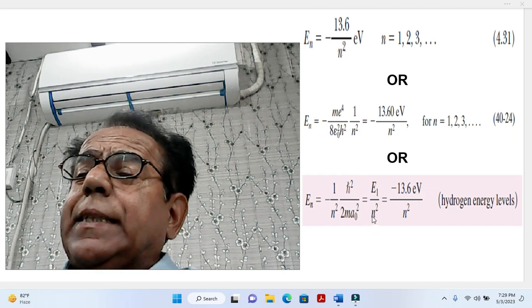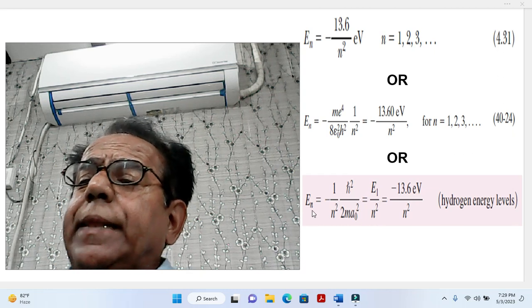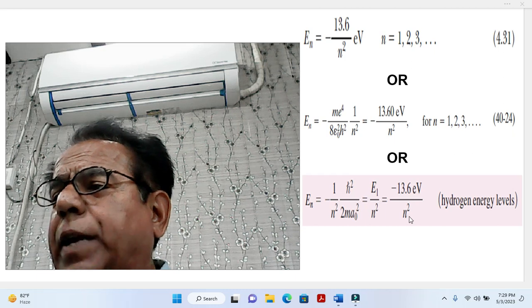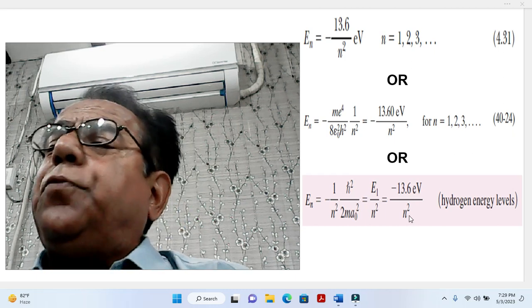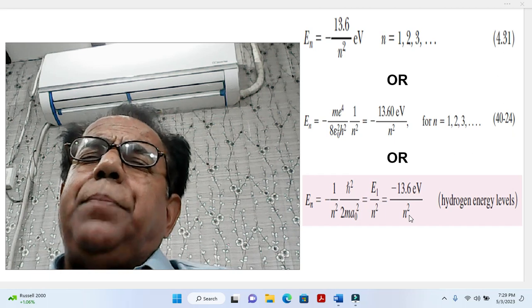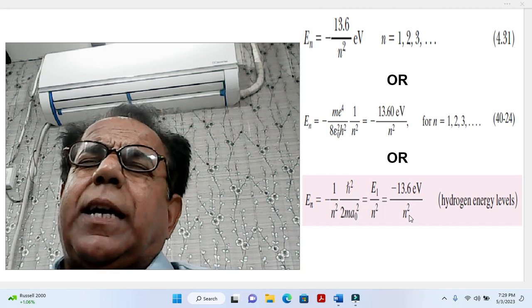When we take this in mind, that En is equal to minus 13.6 electron volt over n square, then all these four versions become absolutely the same, absolutely equal, 100% equal.